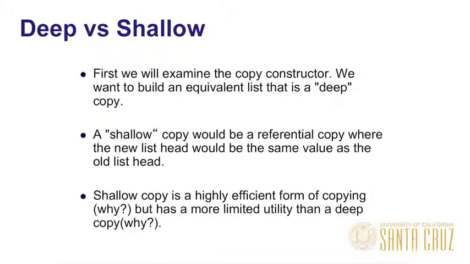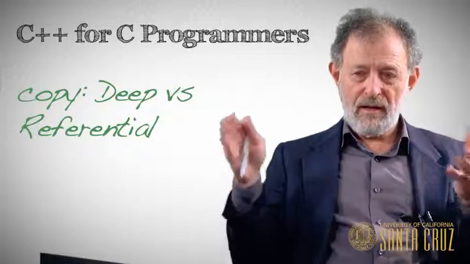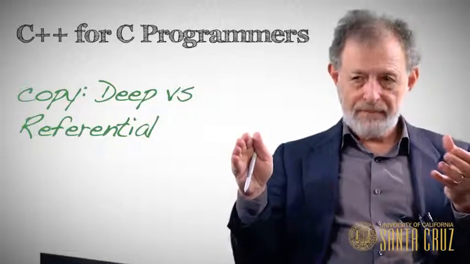Now, when we're doing copies, what we want to look at is the copy constructor. It's the copy constructor that, in effect, will determine whether we have a shallow or referential copy. In the notion of a referential copy, think of a list, and let's say I produced a big list, maybe with tens of thousands of list elements. And I want to use it in two different ways.